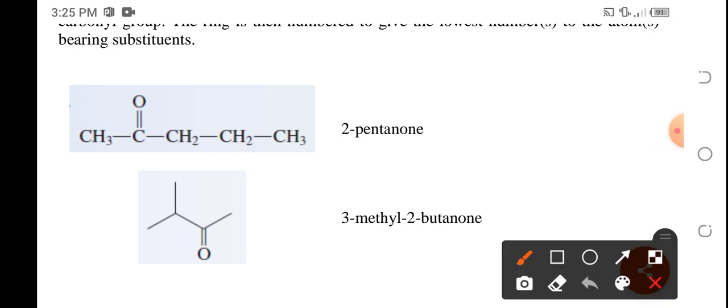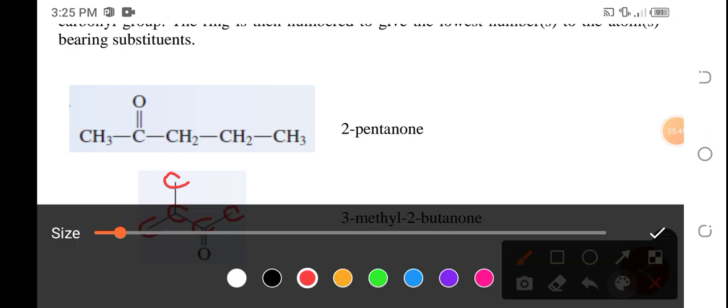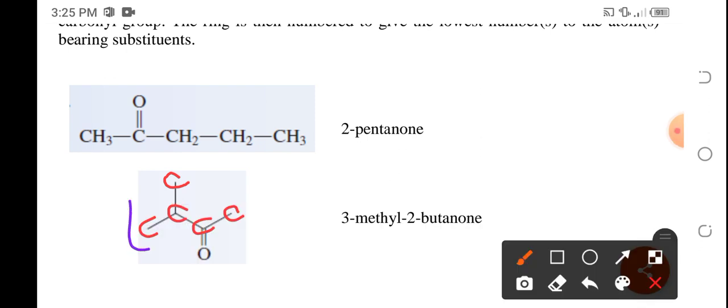For this case, this is the carbons. Okay? At dito sa dulo, walang nakalagay, so therefore, may carbon dyan. For this case, the parent chain has 4 carbon atoms.